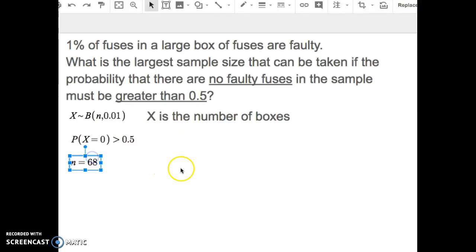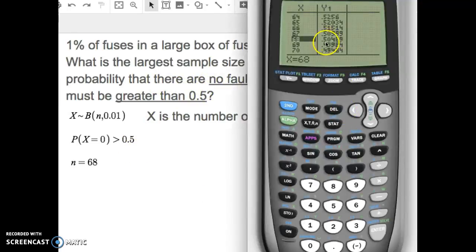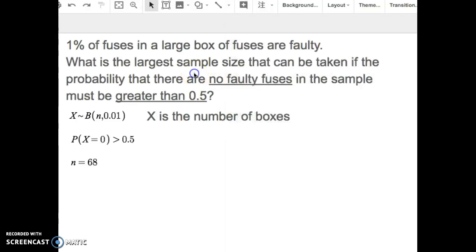If we pick 68 boxes, we would have a 0.505 chance of getting no faulty fuse out of the 68 boxes.